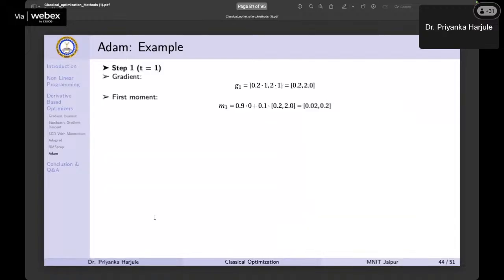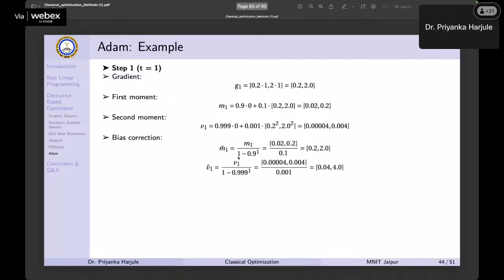In step 1 the gradient is 0.22, and m1 is beta 1 times m0 plus 1 minus beta 1 times the gradient, and v1 is beta 2 times v0 plus 1 minus beta 2 times the gradient squared.